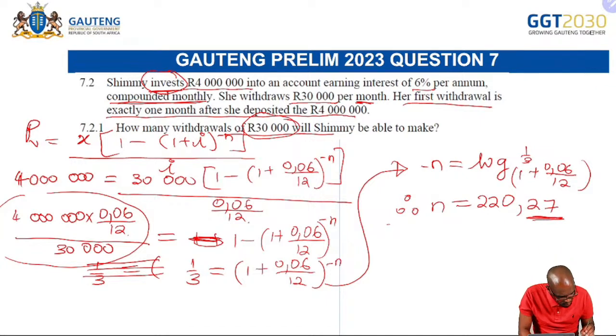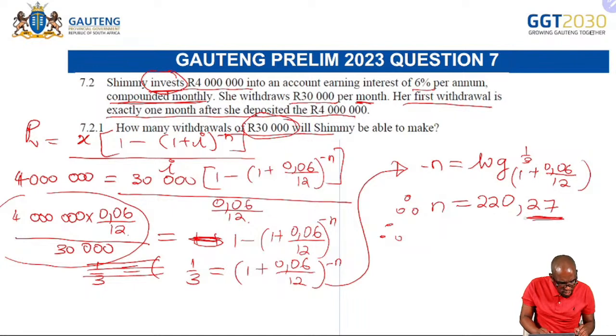So if the question was how many withdrawals can be made, you would say 221 withdrawals. But the question is how many withdrawals of 30,000. So they are specific: how many withdrawals of the annuity amount.